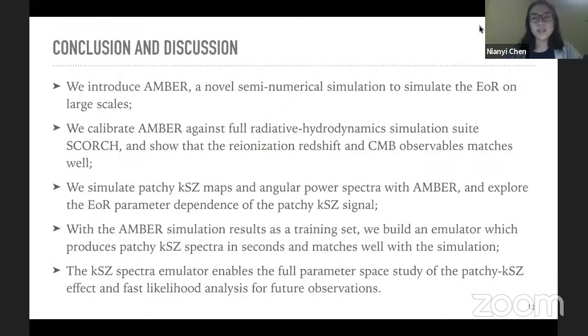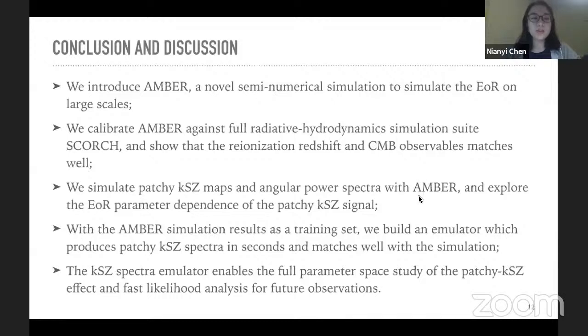So this concludes our work. We first introduced our semi-numerical code Ember for simulating the EoR on large scales. Then we calibrated Ember against the radiative transfer hydrodynamic simulation SCORCH and saw that they look close to each other in terms of the observables.